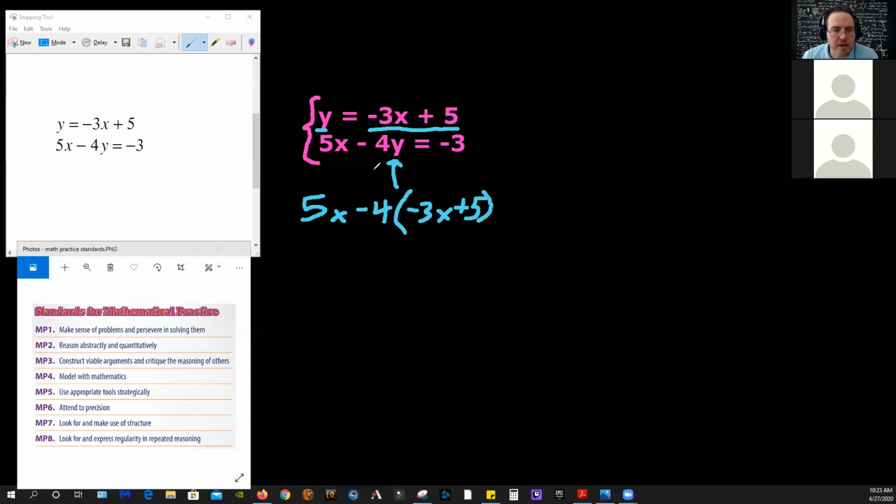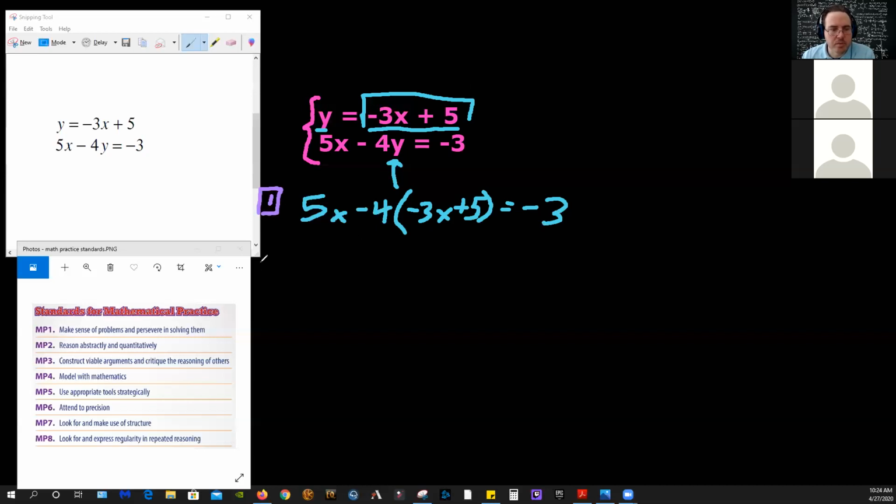So 5x minus 4y, but in this case, the y is going to be this top equation up here, negative 3x plus 5, or expression that is. What else is left? So I need equals negative 3. So for those of you counting, that's step 1. Step 1 is doing this substitution, okay?